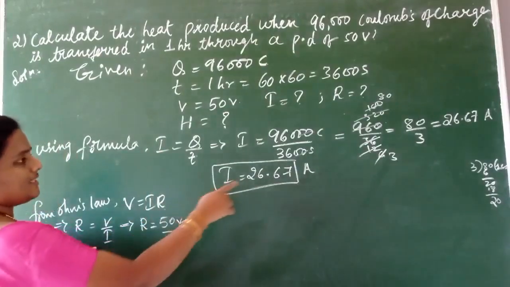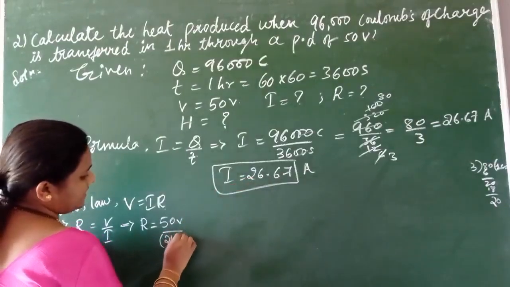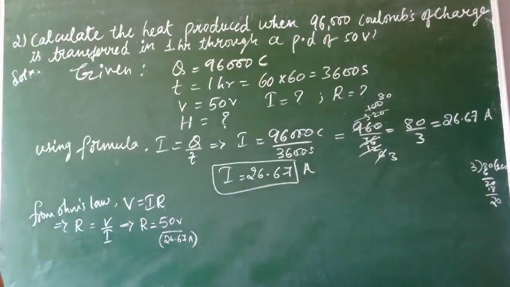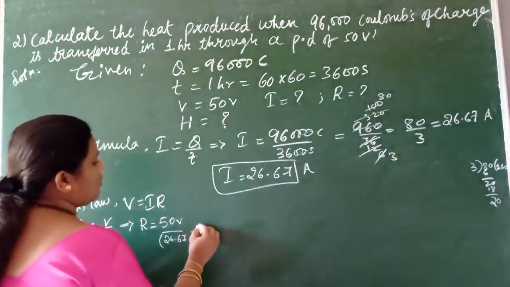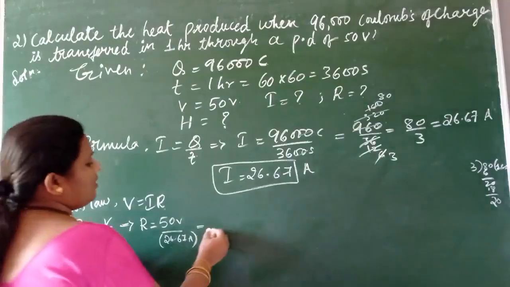Then the I value is 26.67 amperes. See children, 26.67 and 80 by 3 mean the same, so to make cancellation easier I will take 80 by 3.